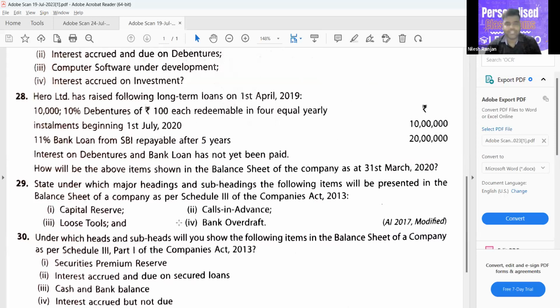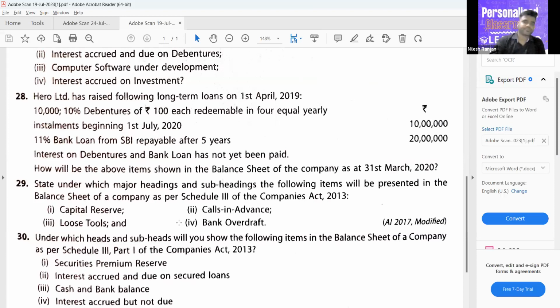So this is our current liabilities. Generally, interest on debenture and bank loan is paid monthly, half yearly or yearly. So if it is not yet paid, then it is our current liabilities, because interest is not paid for the current year only, not the previous year.